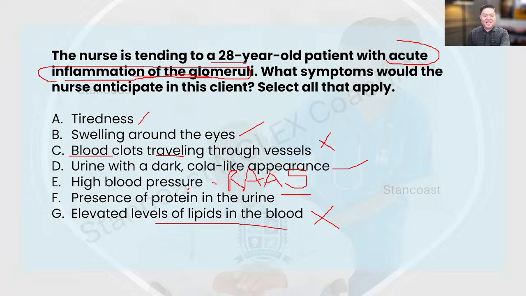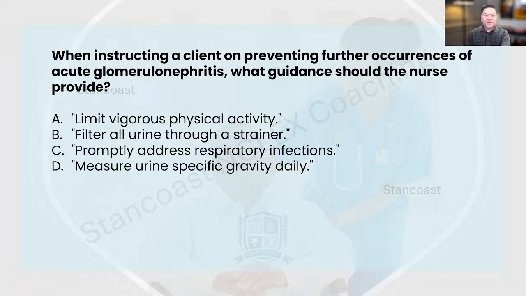Now let's move on to the next question here. It states, when instructing a client on preventing further occurrences of acute glomerulonephritis, what guidance should the nurse provide?